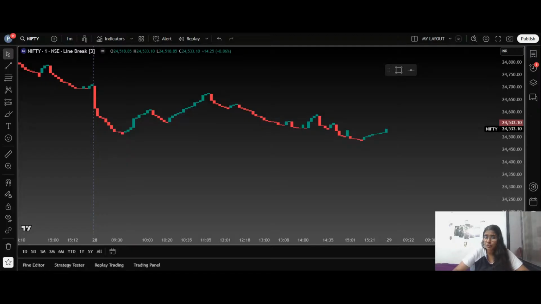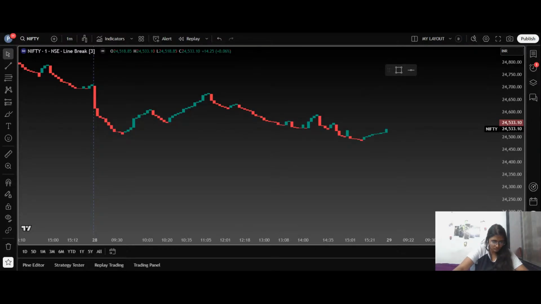But it is based on the close prices and a specific number of lines rule instead of fixed boxes. They also ignore the time period, but it actually focuses on the closing prices of the market.